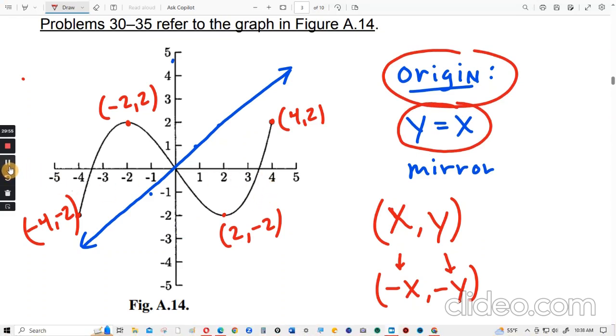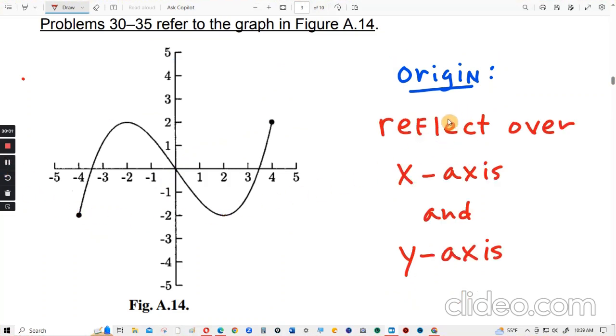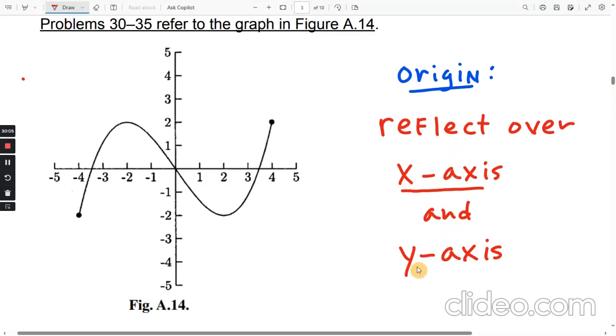All right, and there's one more way to look at origin symmetry, if I can erase this mess. For origin symmetry, it's going to reflect over the x-axis and the y-axis. It's going to reflect two times, so you can also do it that way. And the order doesn't matter. So right here, if I reflect this curve up here, it's going to be like so.